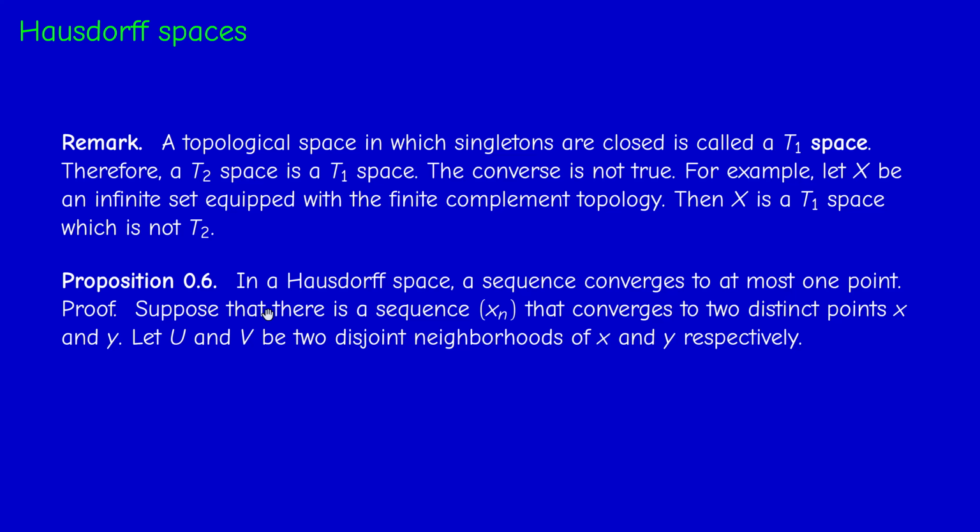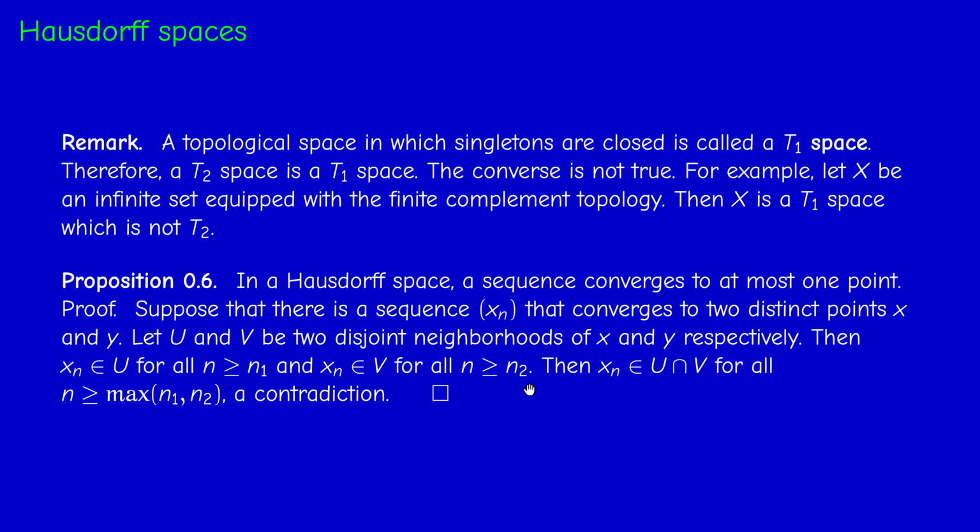Now separate x and y by two disjoint neighborhoods U and V. Since xn converges to x, then starting from a certain rank n1, xn is in U. But since xn converges to y, then xn will be in V starting from another rank n2. Therefore, if we take n larger than the maximum of n1 and n2, then xn belongs to U and V, but U and V are disjoint, so it's a contradiction. So limits are unique if they exist.